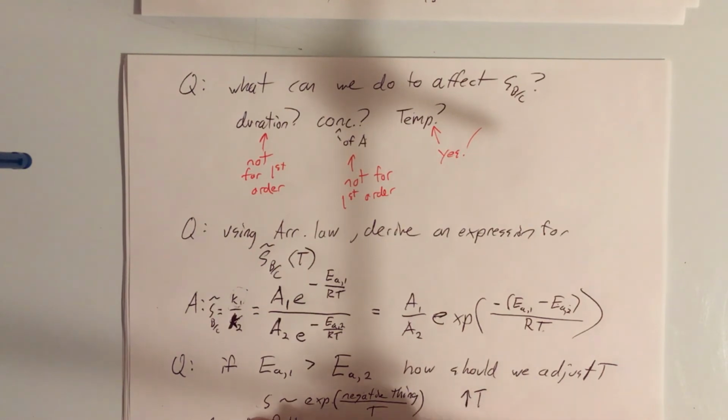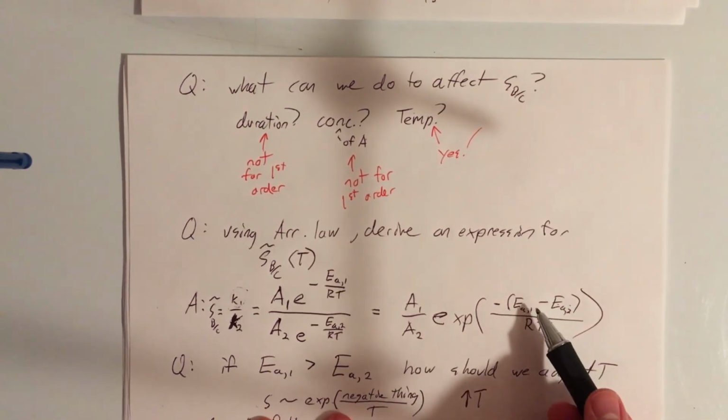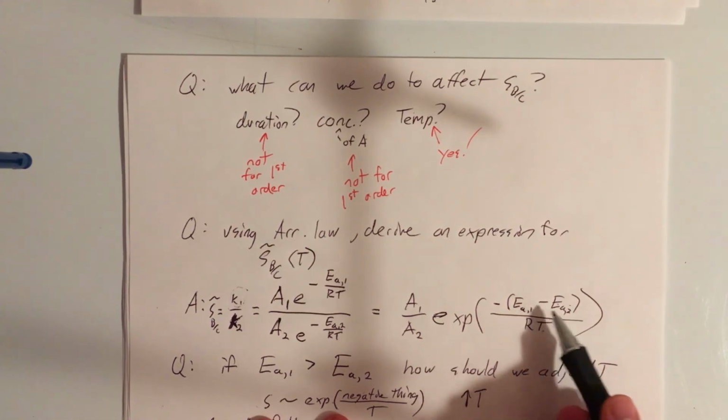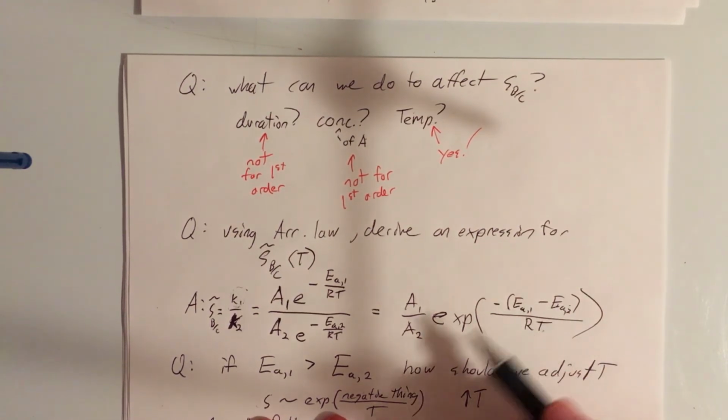So by raising temperature, what effect would that have? Well, our selectivity is proportional to e to the negative thing over temperature. The contents of our exponential are going to be negative, and there's really nothing we can do about that, because this term is bigger than this term and we have this minus sign out here.